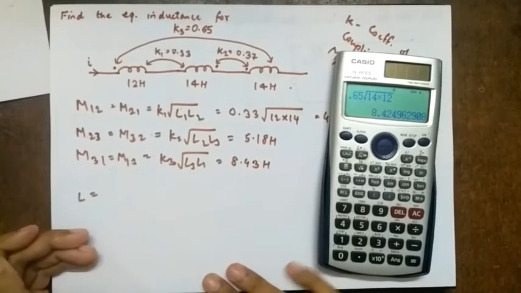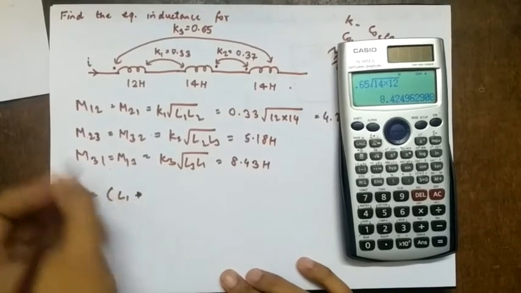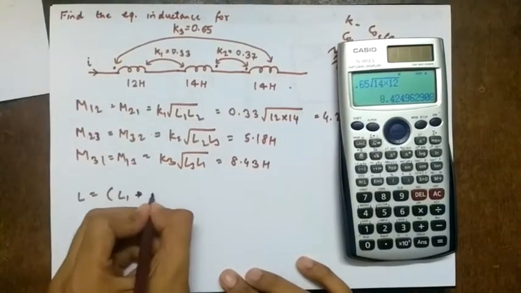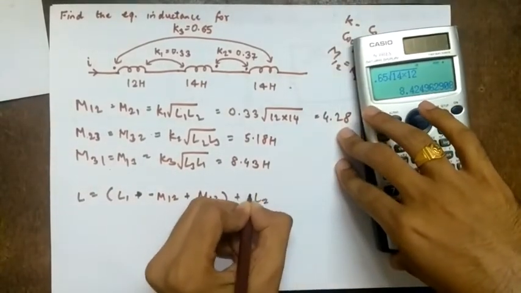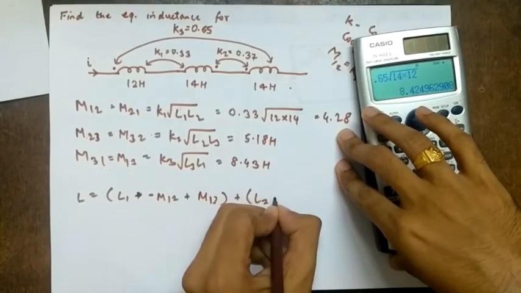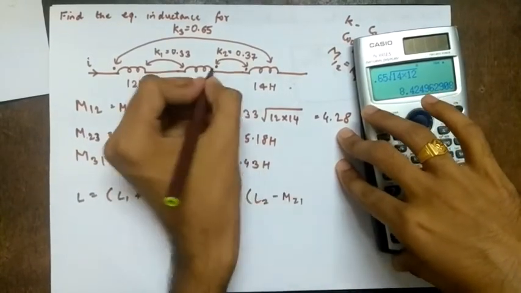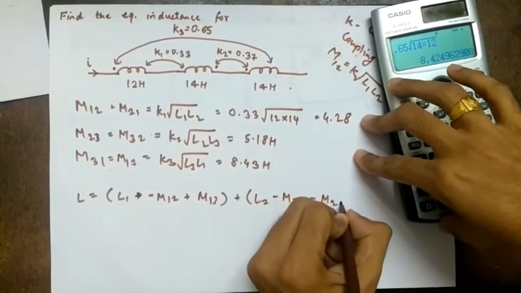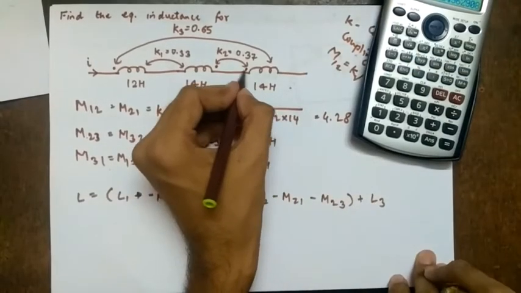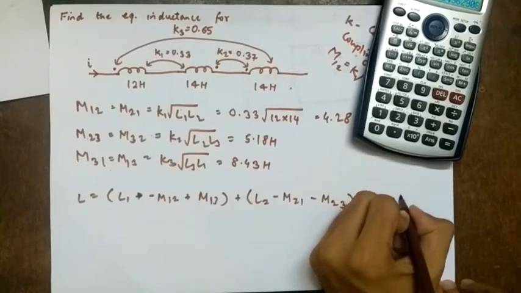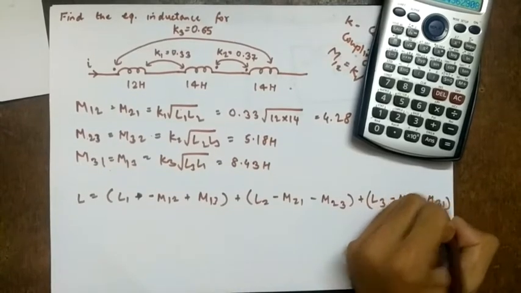So what is L? Again same procedure. L1, then 1 and 2 entering and exiting, so minus M12 plus M13, plus L2, this is again exiting and entering, so minus M21, again exiting and entering, so minus M23, plus L3, this is exiting and entering, so minus M32, and again exiting and entering, so minus M31.